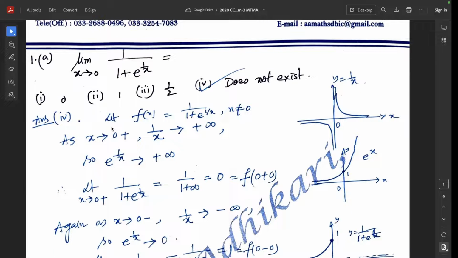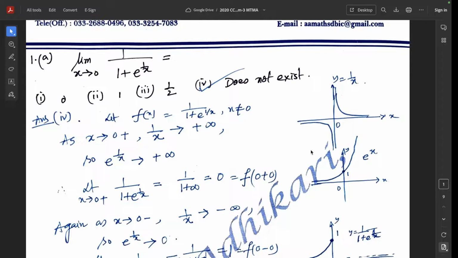Here f(x) equals 1 by 1 plus e to the power 1 by x, and x not equal to 0. As x tends to 0 plus, 1 by x tends to plus infinity, so e to the power 1 by x tends to infinity.